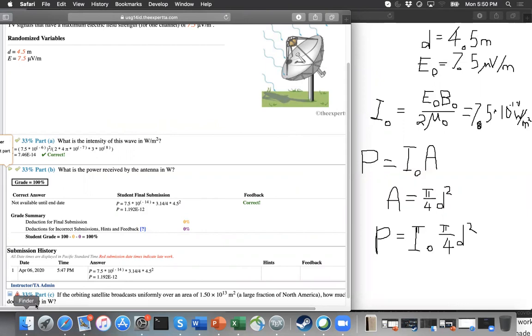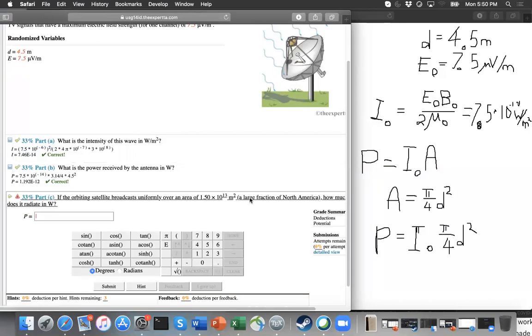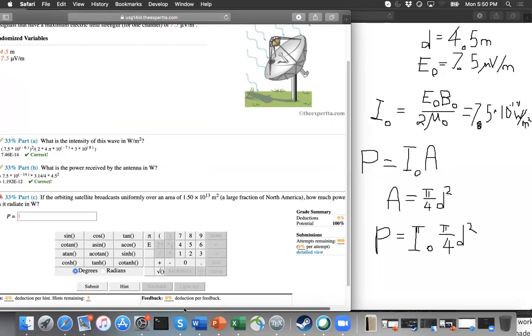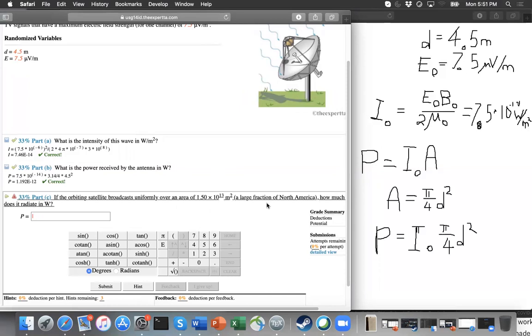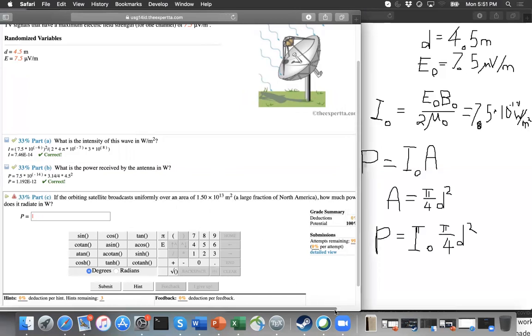Now, part C, for just amusement's sake, is you can say if this signal is supposedly coming from an orbiting satellite that broadcasts uniformly over an area of some huge number, 1.5 times 10 to the 13 meters squared, which is basically a large fraction of North America.